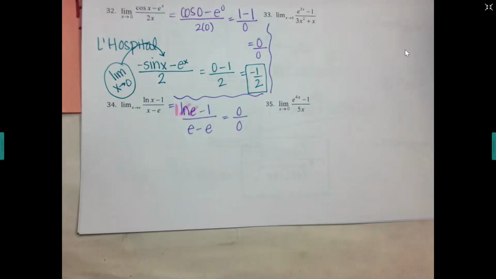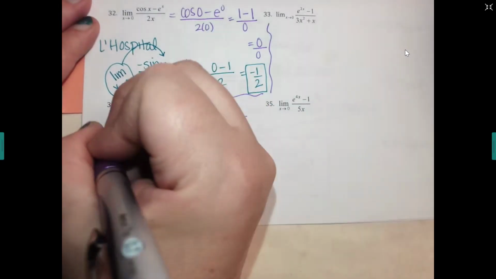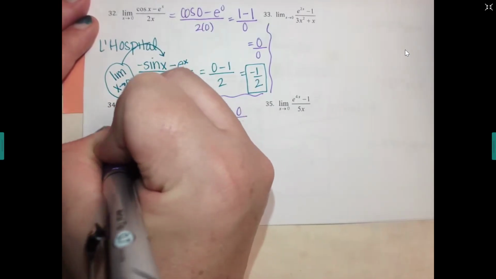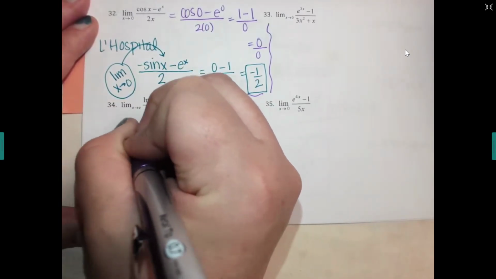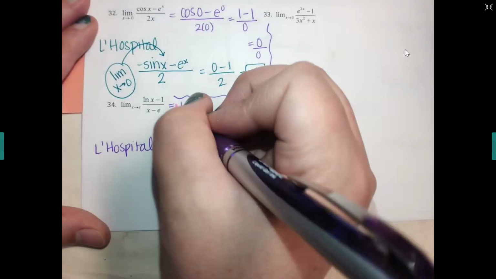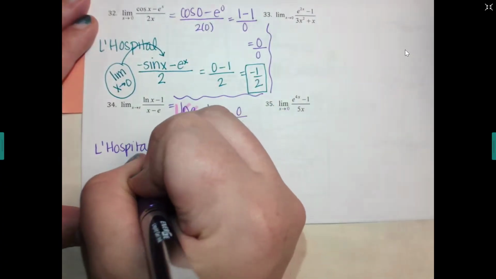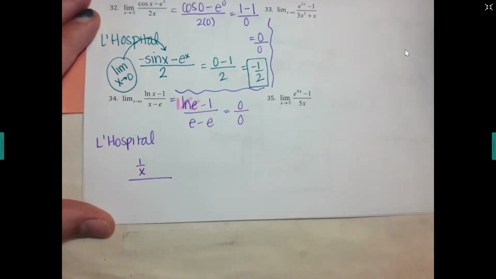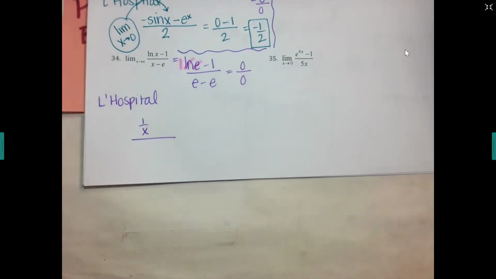Okay, take the derivative of the top, derivative of the bottom. For the top, it was an ln x. 1/x, very good. And if you forget, remember, you get your cheat sheet. So ln x goes to 1/x. What about the minus 1 behind it? Just goes to 0. Then on bottom, you have a regular x.